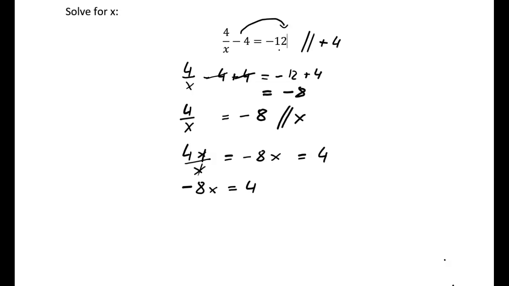And now we need to get rid of this negative 8 in front of the x, and we know how we can do that. We use the inverse mathematical operation. This is a multiplication, and we just simply divide by negative 8.